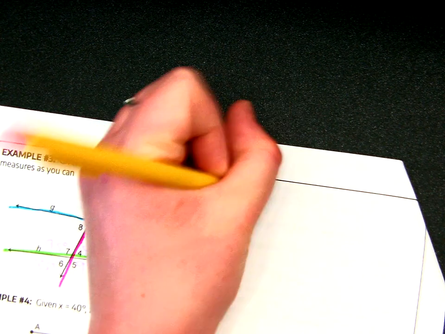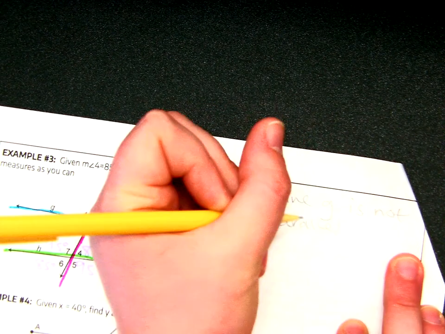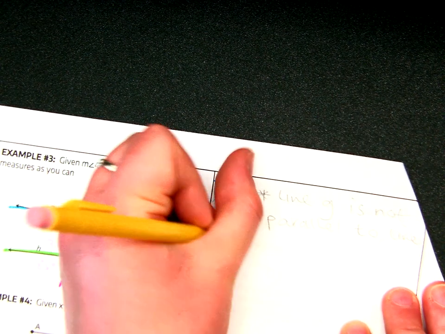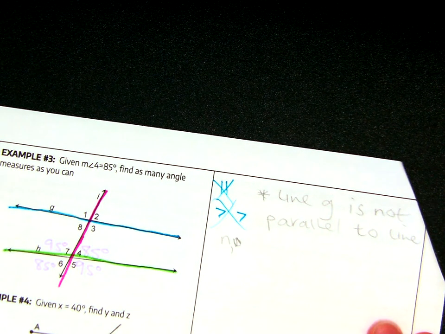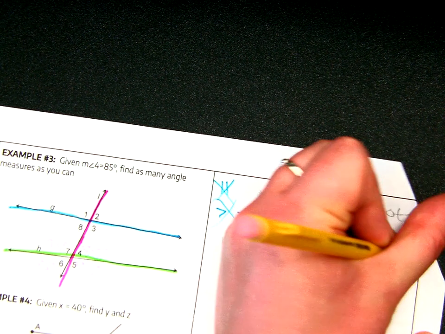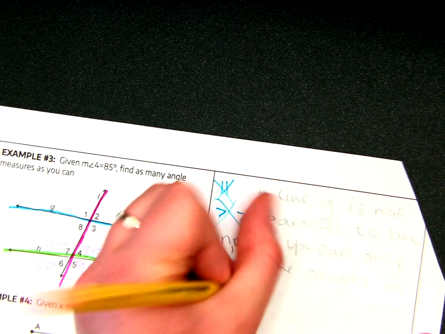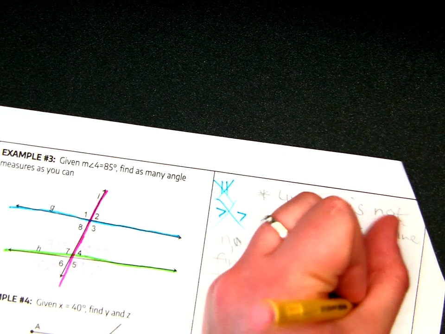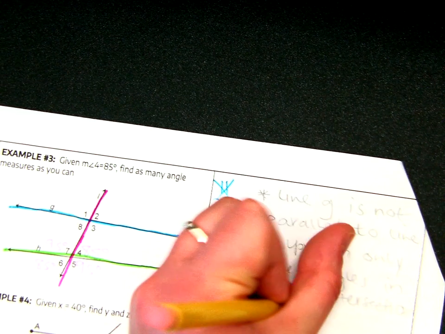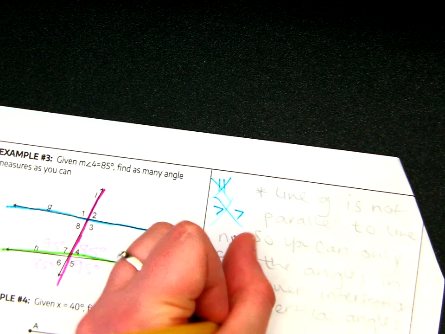Actually, let's write down this note, okay? Line G is not parallel to line H. So you can only find the angles in the lower intersection using vertical angles and linear pairs.